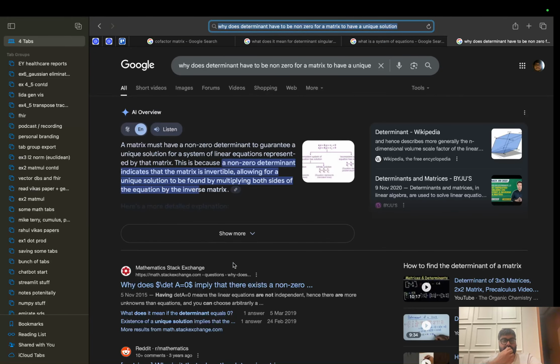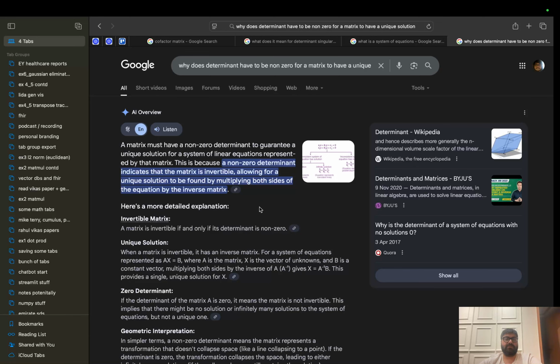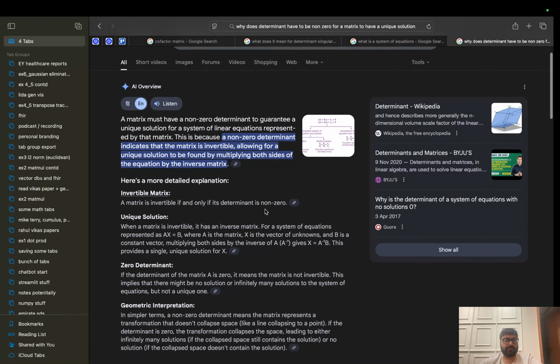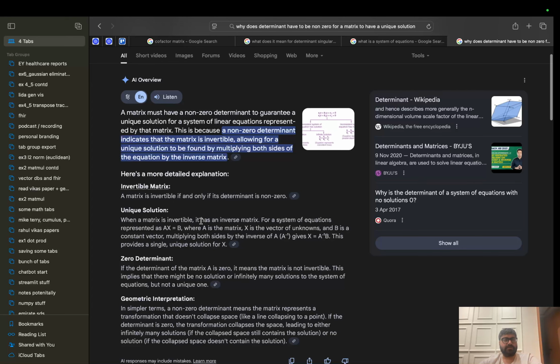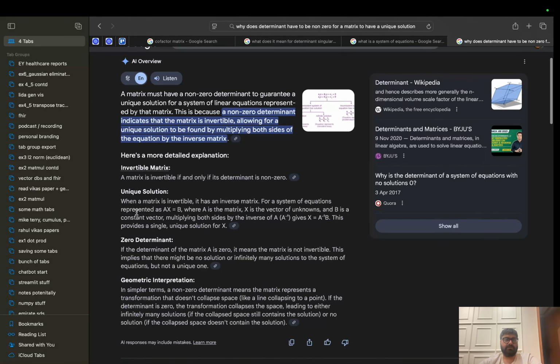Let's see. This is because a non-zero determinant indicates that the matrix is invertible, allowing for a unique solution to be found by multiplying both sides of the equation by the inverse matrix. Oh, okay, some more detailed explanation. Invertible matrix, okay, it has an inverse matrix.